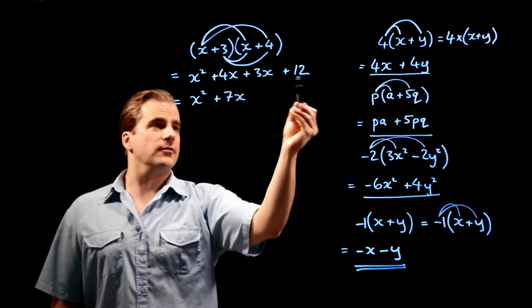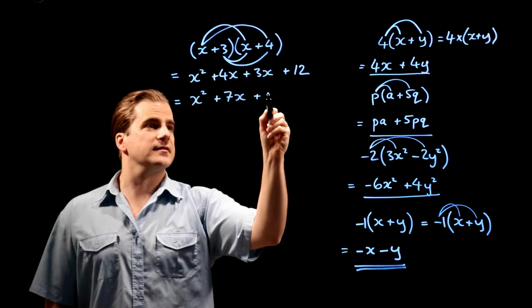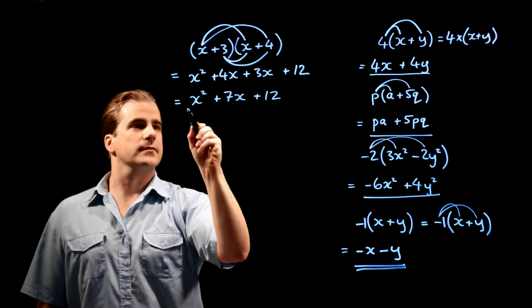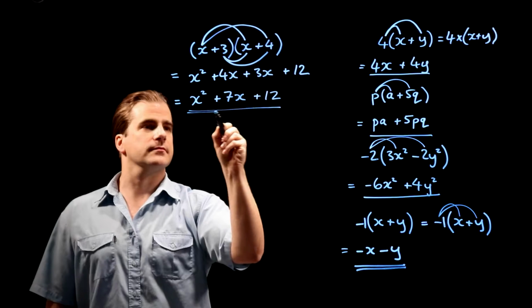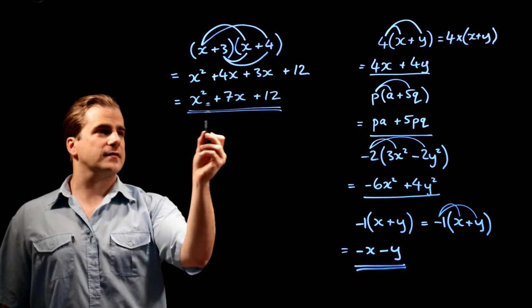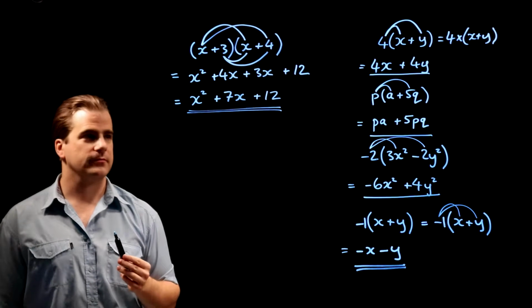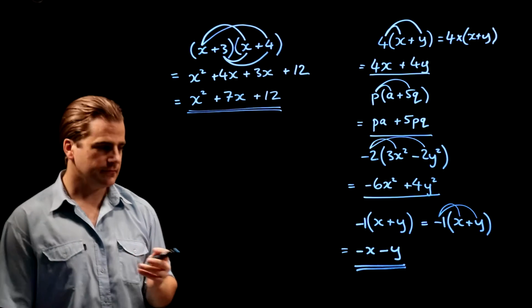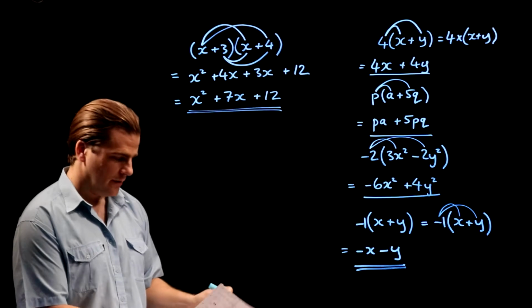And this term is the only numerical term, so it stays the same. And that's it. x plus 3 times x plus 4 is x squared plus 7x plus 12. No problem. Right, let's do another one.